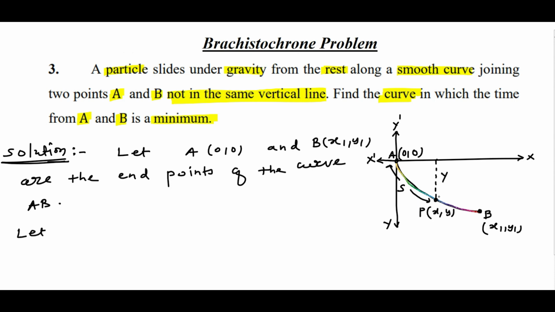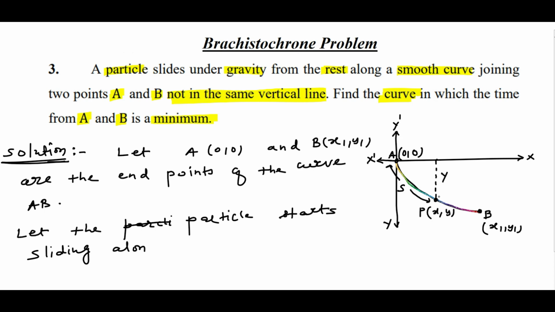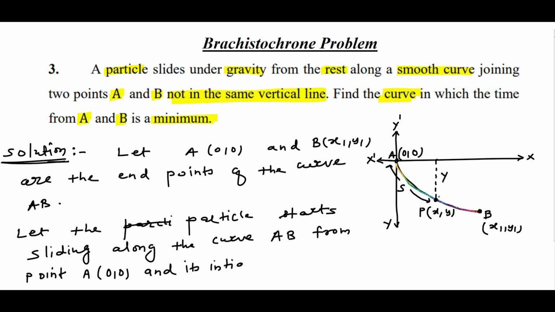So now let the particle start sliding along the curve AB from the point A, and this point is the origin, 0 comma 0, and its initial velocity is 0.